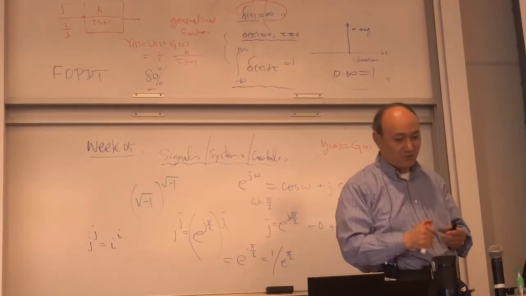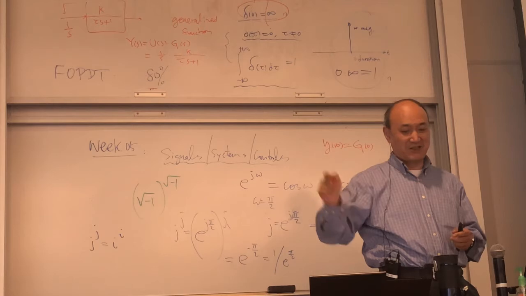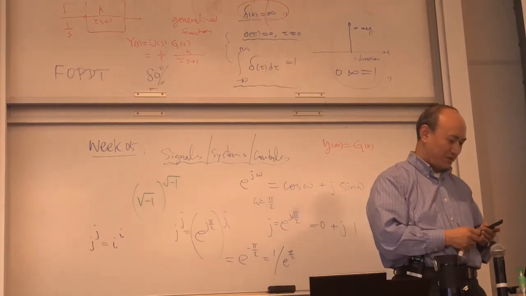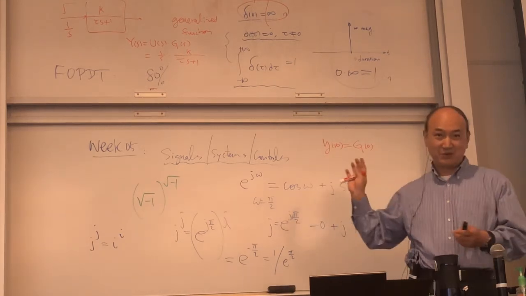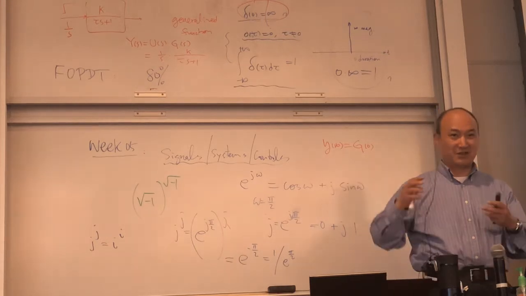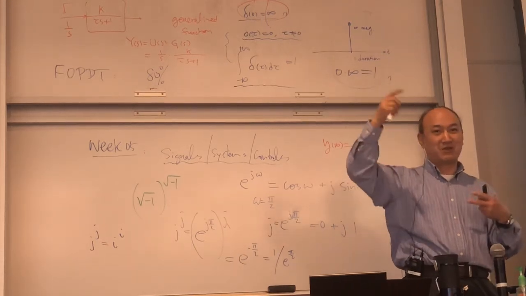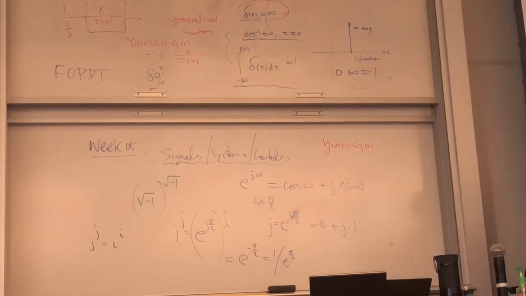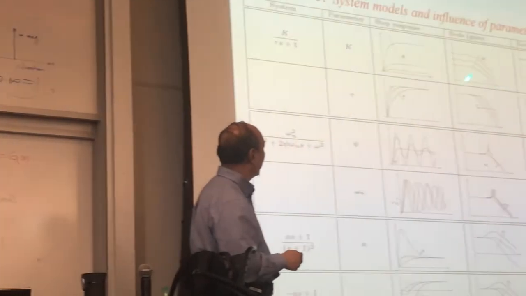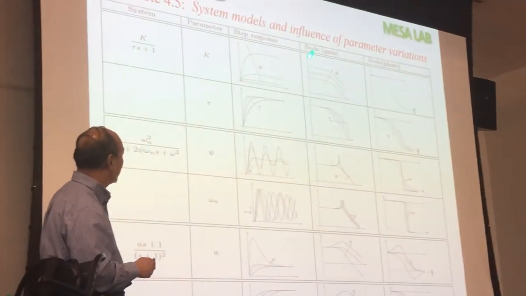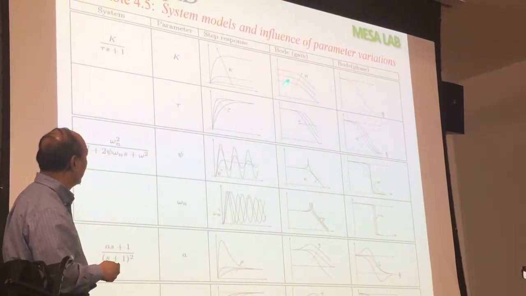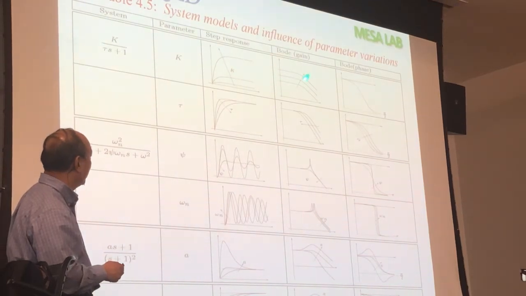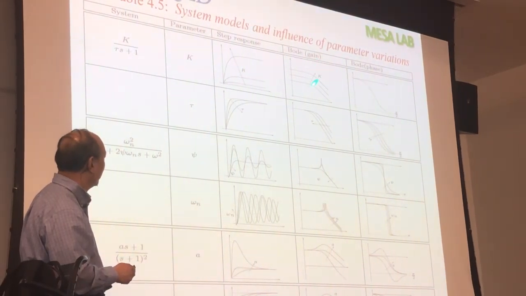Good. But when you use G0, you need to be careful that your pole should be in the left half plane. It's not like sine, where you have to compute on the imaginary axis. That will not work. So if I do a Bode plot, this is the frequency, this is the magnitude. If K goes up, the magnitude goes up.